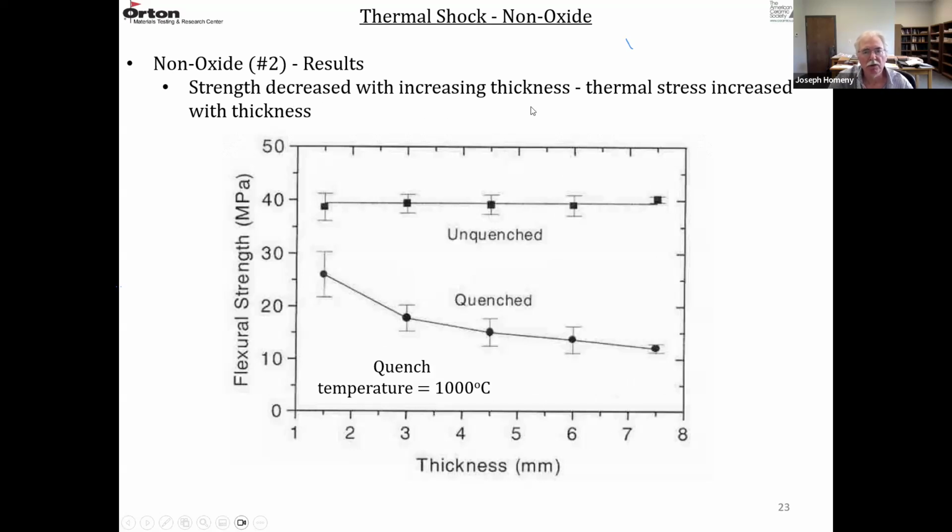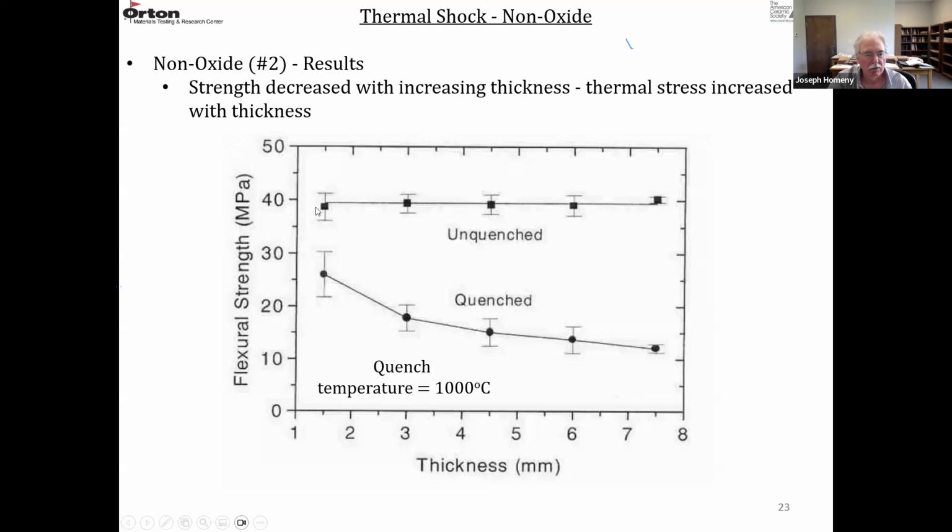Strength also decreased with increasing thickness because the thicker the sample, the larger the thermal stress is. So the thermal stress increased with sample thickness. So again, flexural strength versus thickness, going from about 1.5 to 7.5 millimeters.